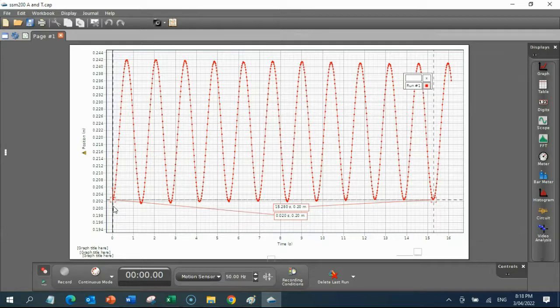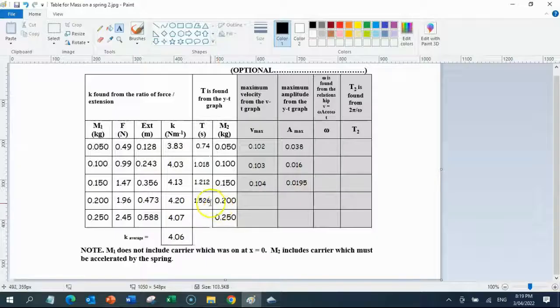Getting the difference between those is 15.26. Divide that by 10 and we get 1.526. So 1.526 goes into the table. So 1.526 is the period for 200 grams.